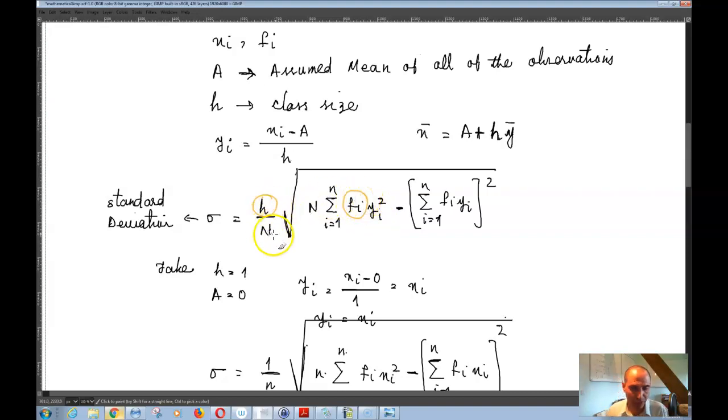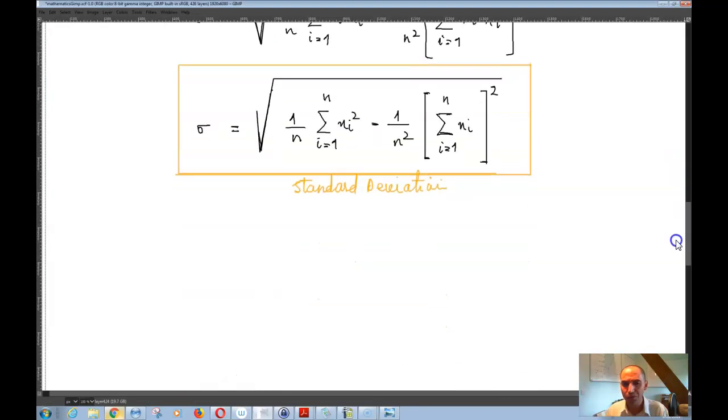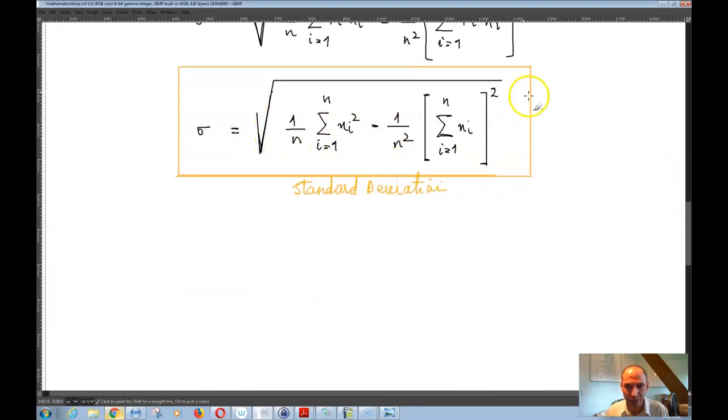So then there is no class size. The only thing that you need is x of i squared here, and over here the only thing that you need is sigma of x of i, and that way you can calculate your standard deviation, this exact formula. I think that's how they've gotten this formula. Otherwise, as far as I know, there is no other way that you can get that.